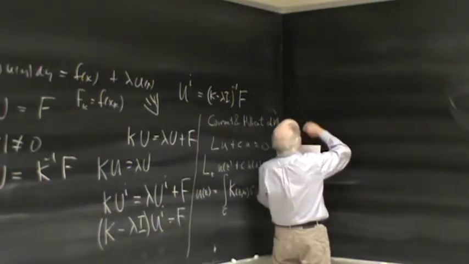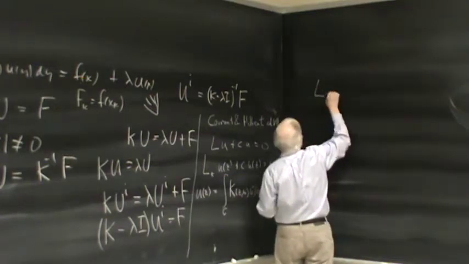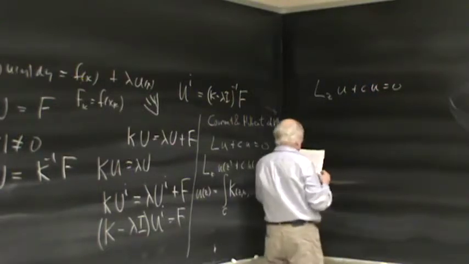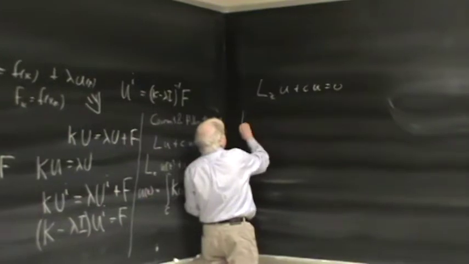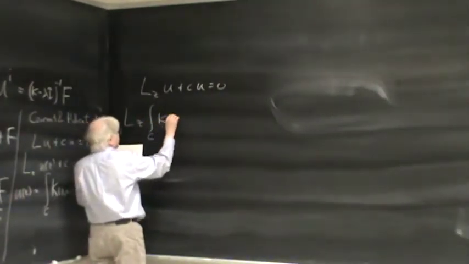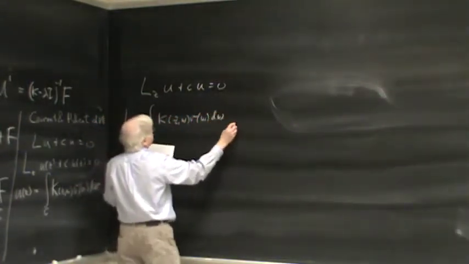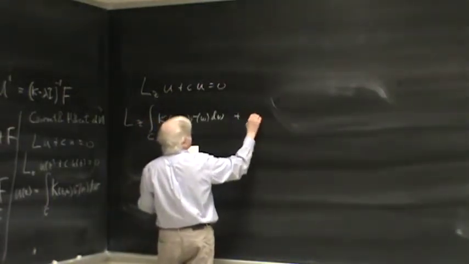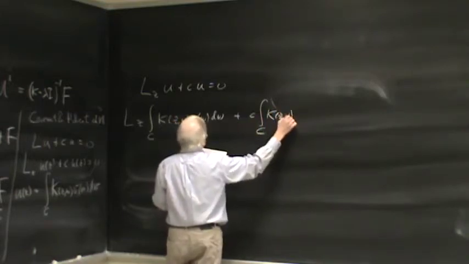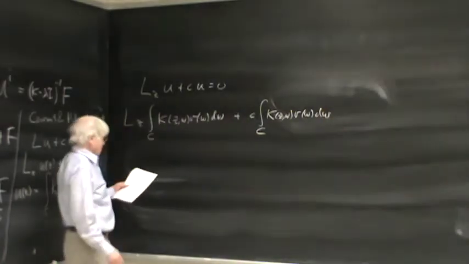What we want is that L sub Z on U plus CU vanishes. So what is L sub Z on this thing? Well, it's a contour integral of K of Z and W, V of W, dW, plus C times the same thing, K, V of W, dW, W a complex variable, of course.